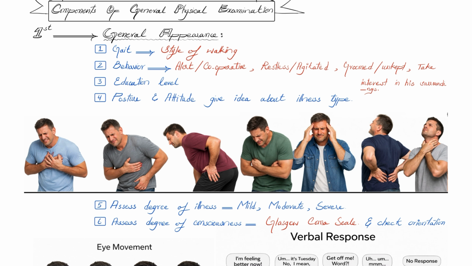For example, if the patient is rubbing the chest bone, it may indicate heartburn. If the patient is squeezing the chest, it may indicate cardiac pain. If the patient is rubbing the buttock and thigh, it could suggest sciatica. If the patient is pressing the lower abdomen, it may indicate lower abdominal pain.